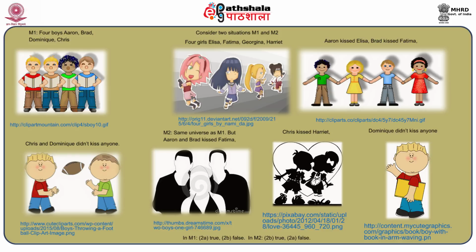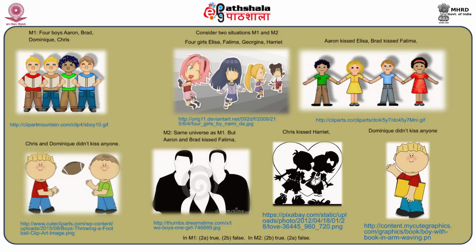In M1, we have four boys: Aaron, Brad, Chris, and Dominique, and four girls: Alyssa, Fatima, Georgina, and Harriet. Aaron kissed Alyssa, Brad kissed Fatima, Chris and Dominique didn't kiss anyone. In M1, 2A is true, but 2B is false, since there is no girl whom exactly half the boys kissed.